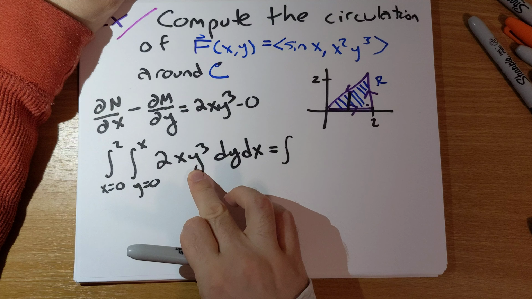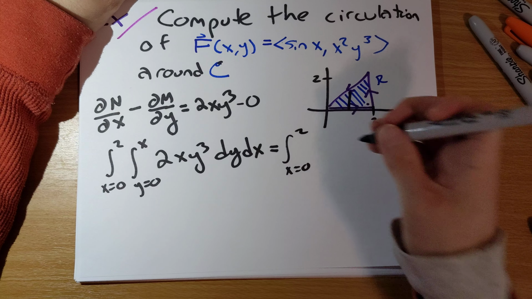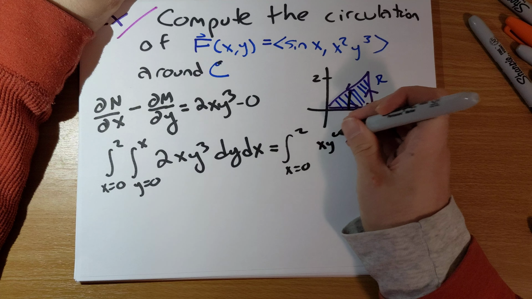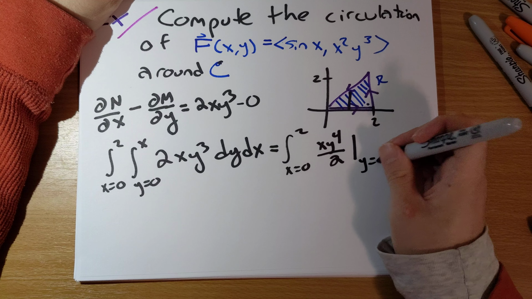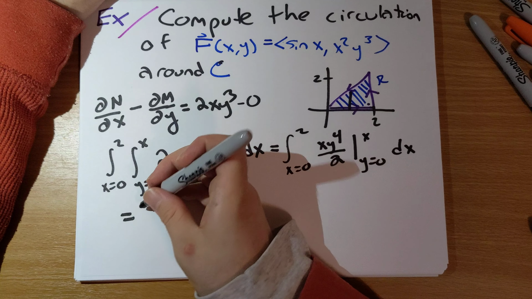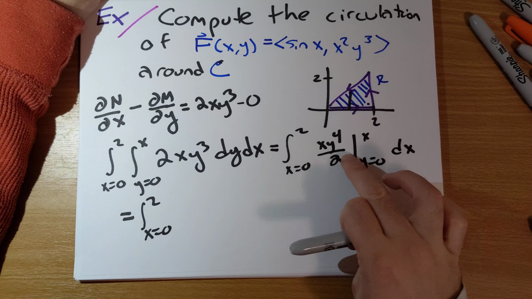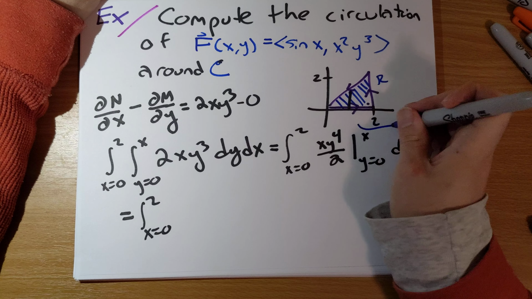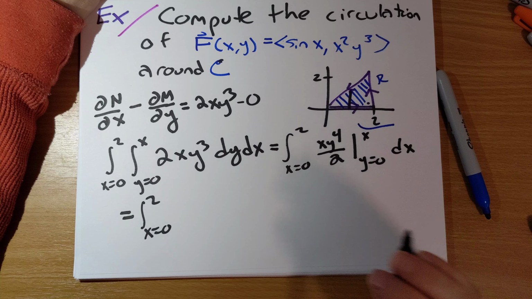Okay, the antiderivative with respect to y will be xy to the 4th over 2. Plug in y from 0 to x, and we would end up with the integral from x equals 0 to 2 of, let's see, plugging in y equals 0 just gives us 0.